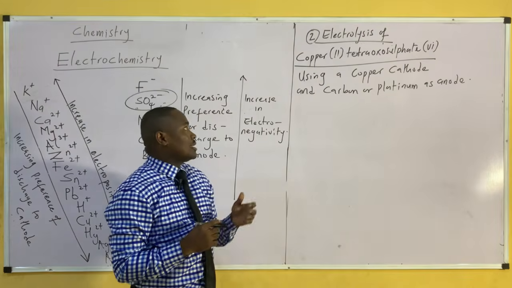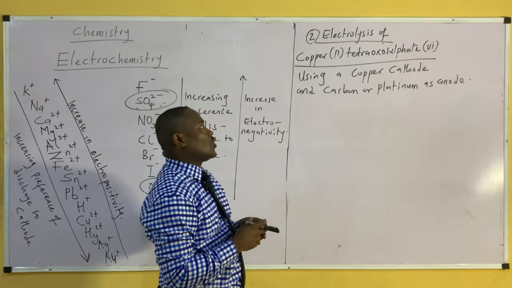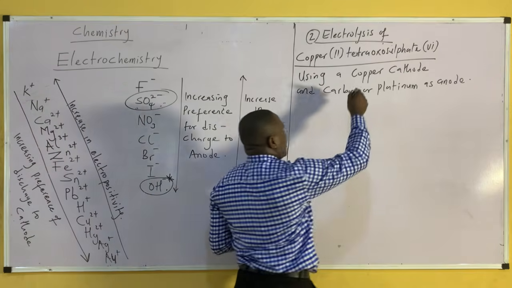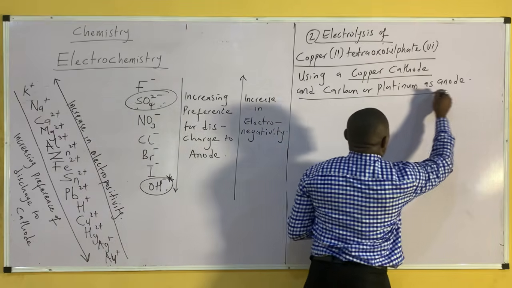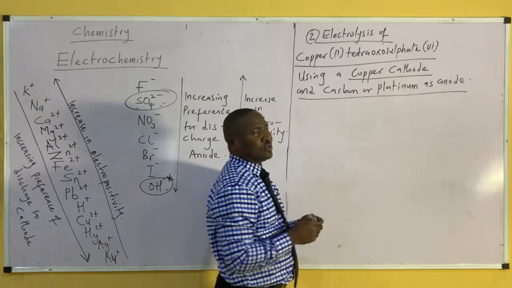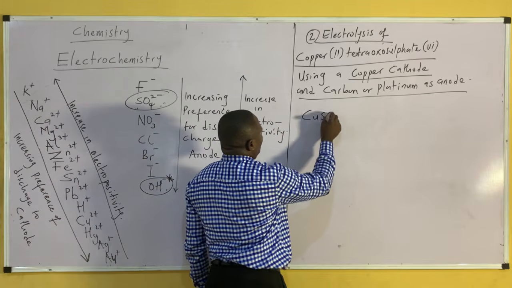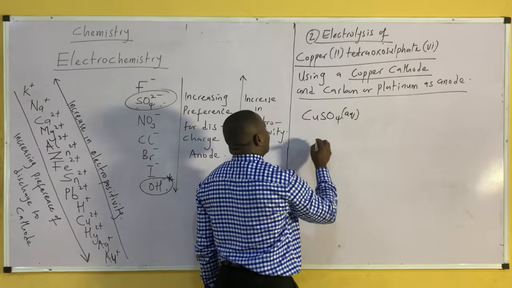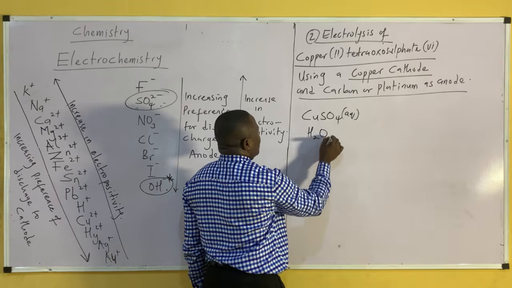Thank you. Now let's look at example 2, electrolysis of copper(II) tetraoxosulphate(VI) using copper cathode and carbon or platinum as anode. So now we have CuSO4 aqueous, in the presence of water.